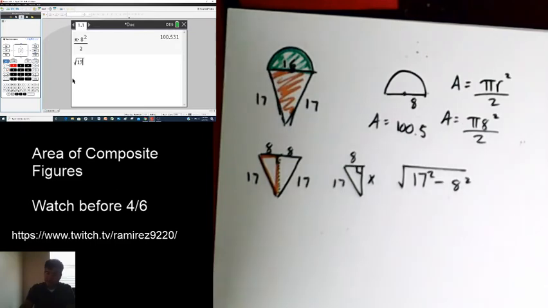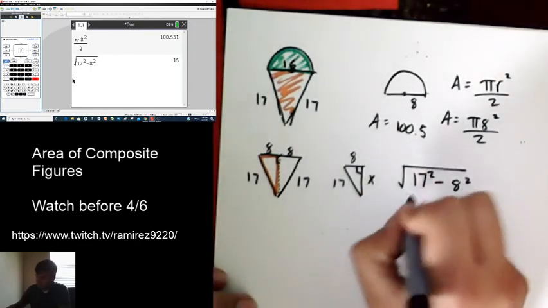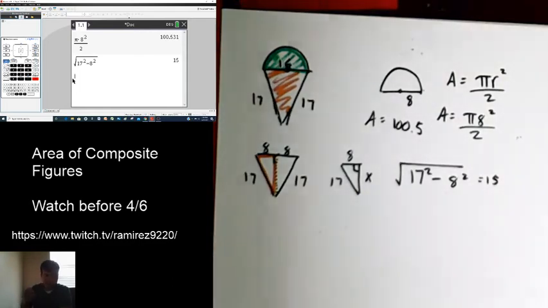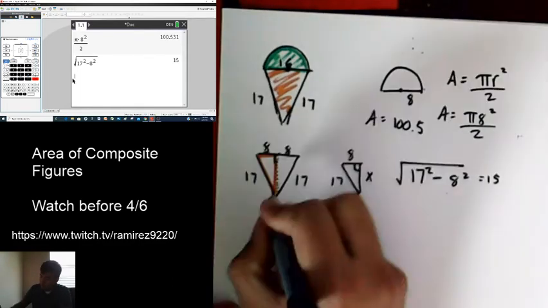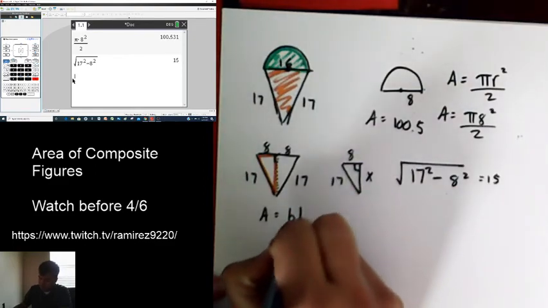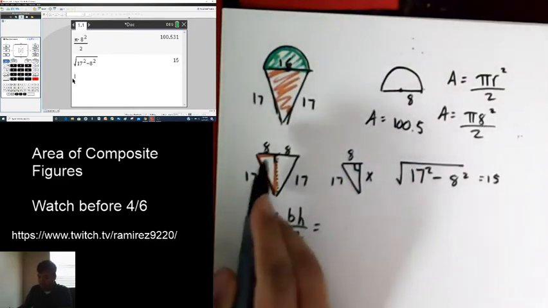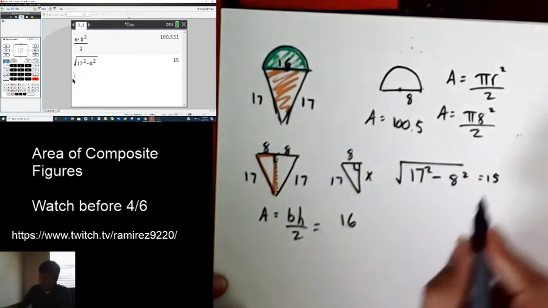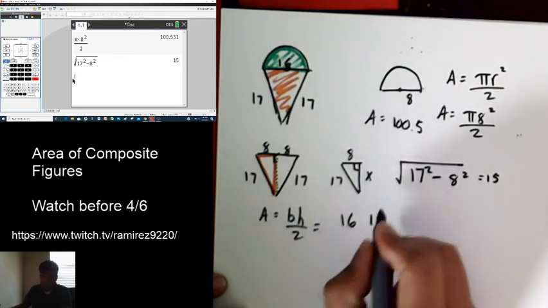So we have 17 squared minus 8 squared. My height is 15. Keep in mind this 15 is not area, it represents the height of the triangle. When I'm trying to find the area of the triangle, base times height divided by 2, well, my base is not going to be 8, it's going to be this whole part, it's 16. My height, I just found out to be 15.